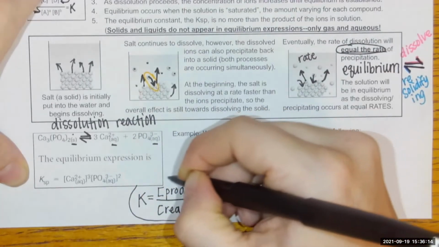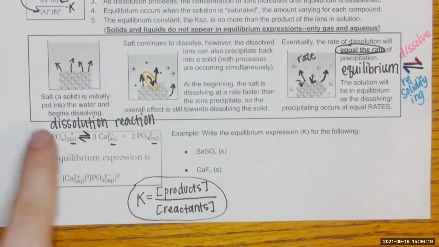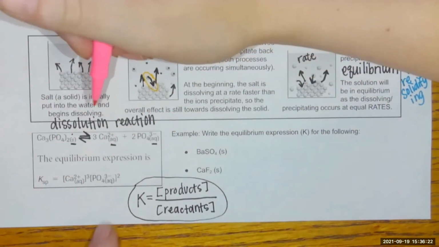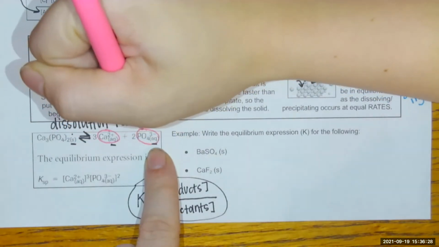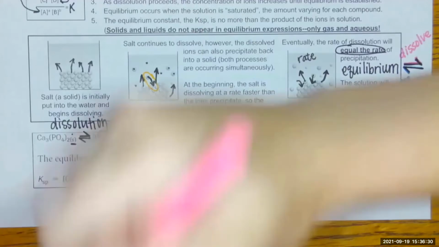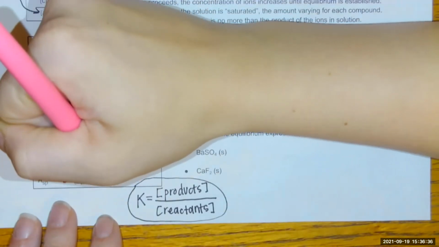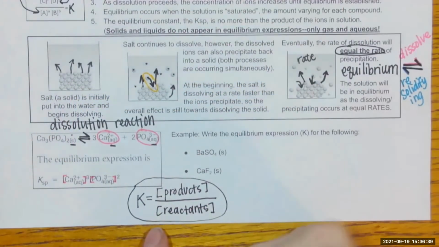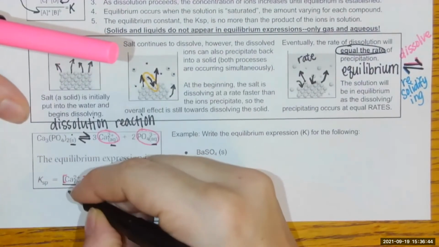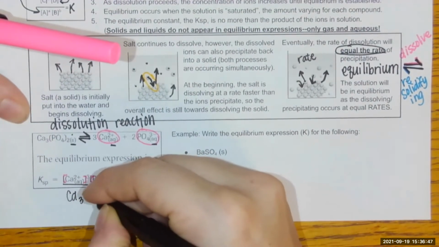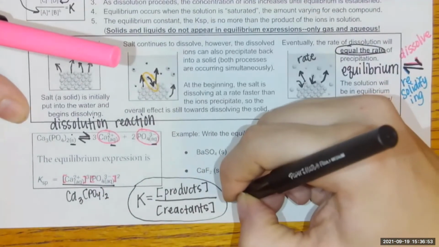Always. So if I'm trying to write the K for this reaction, these are my products. There's one of them. Here's the other one. Over reactants, the reactant was Ca3(PO4)2, but there is one rule.